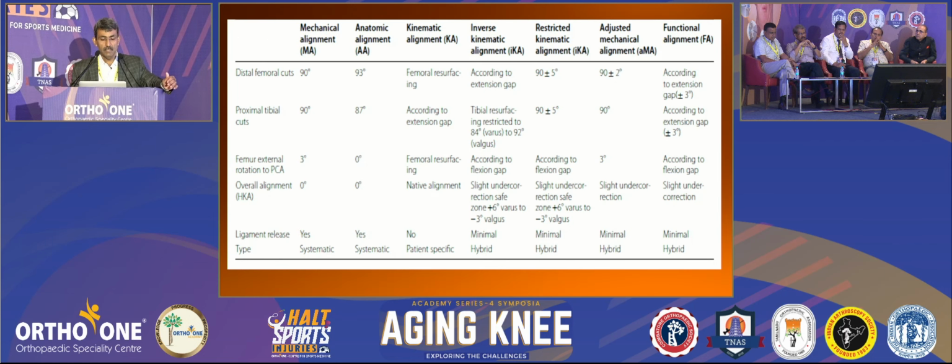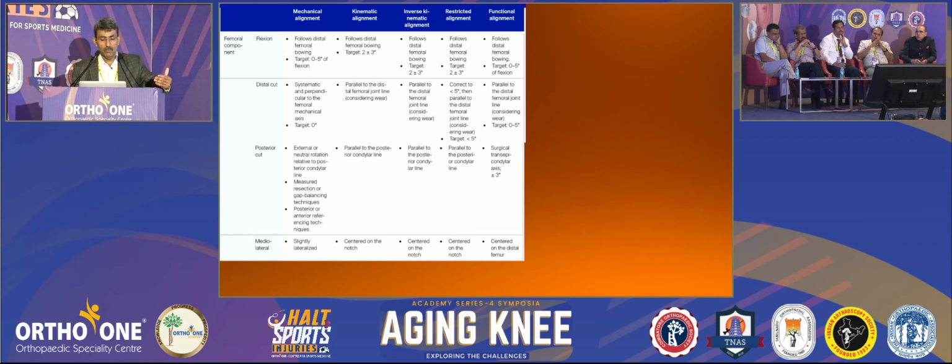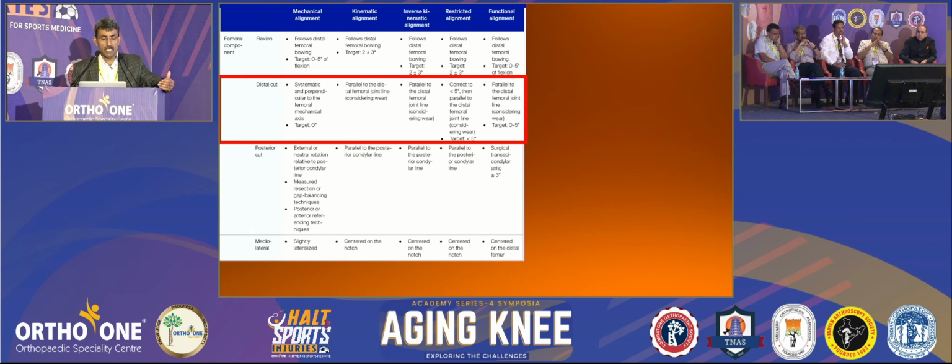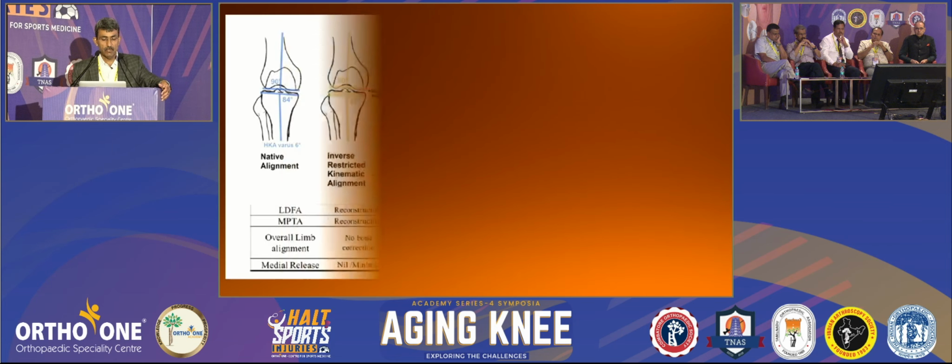So in effect, we have all the alignments where minimal release is done as you proceed from kinematic onwards. Soft tissue release is minimal, correct? That's right. And so the distal cut also varies, because the bony cuts are more as we go into the technology-based alignments, and that's what we've seen.